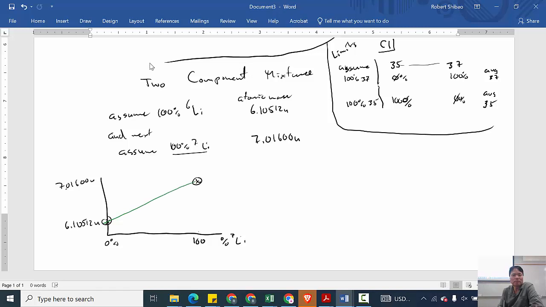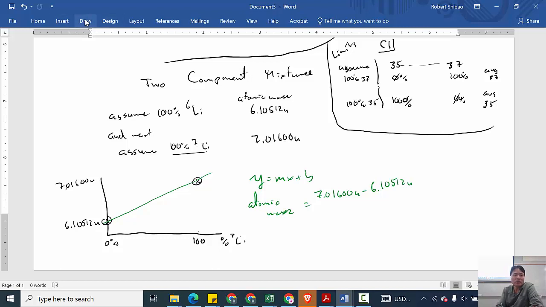relationship here. And then I could figure out the equation for the line, y equals mx plus b, where y is the atomic mass, m is the slope, and so that's going to be 7.01600 u minus 6.10512 u.